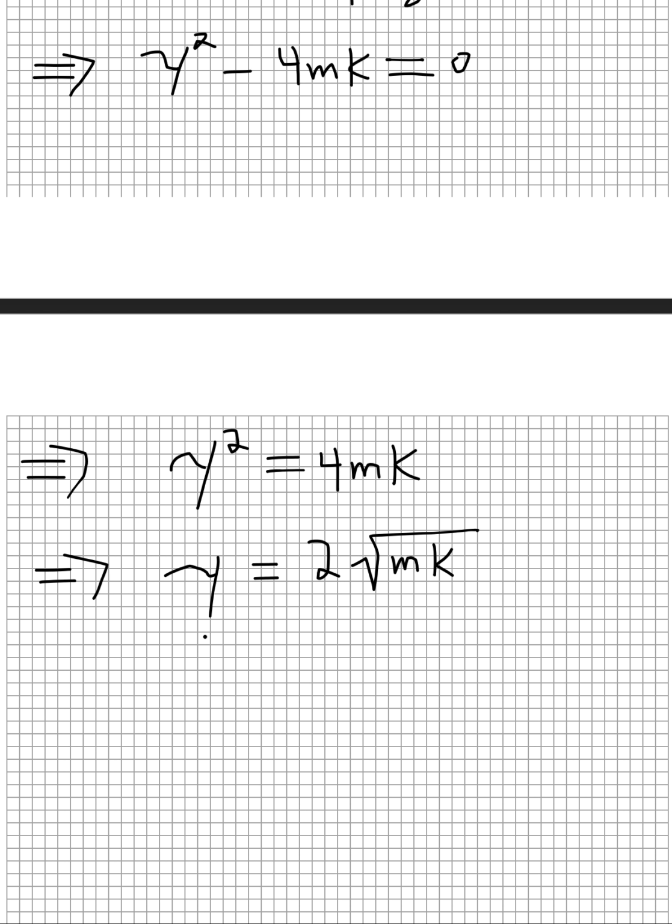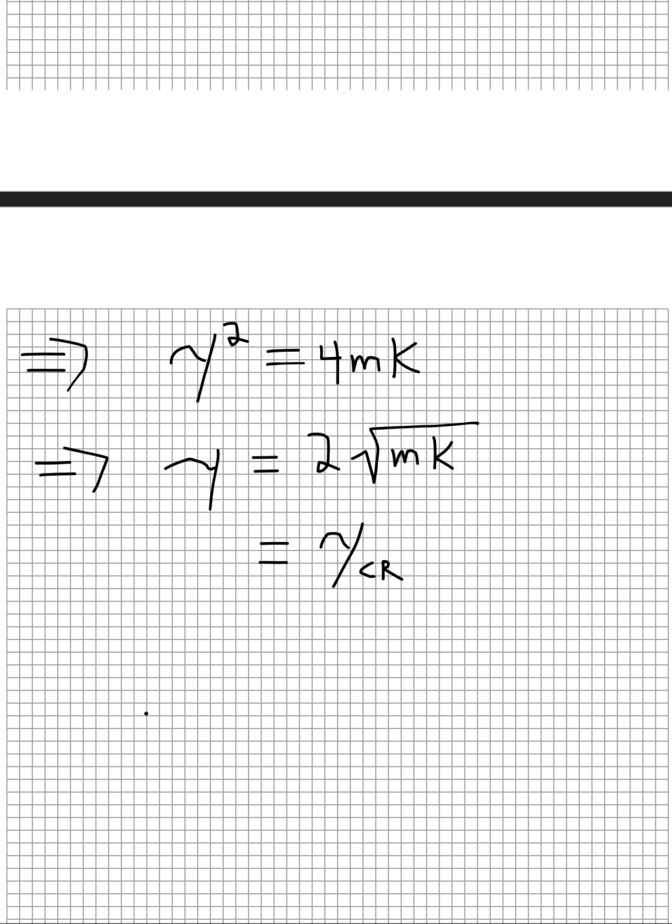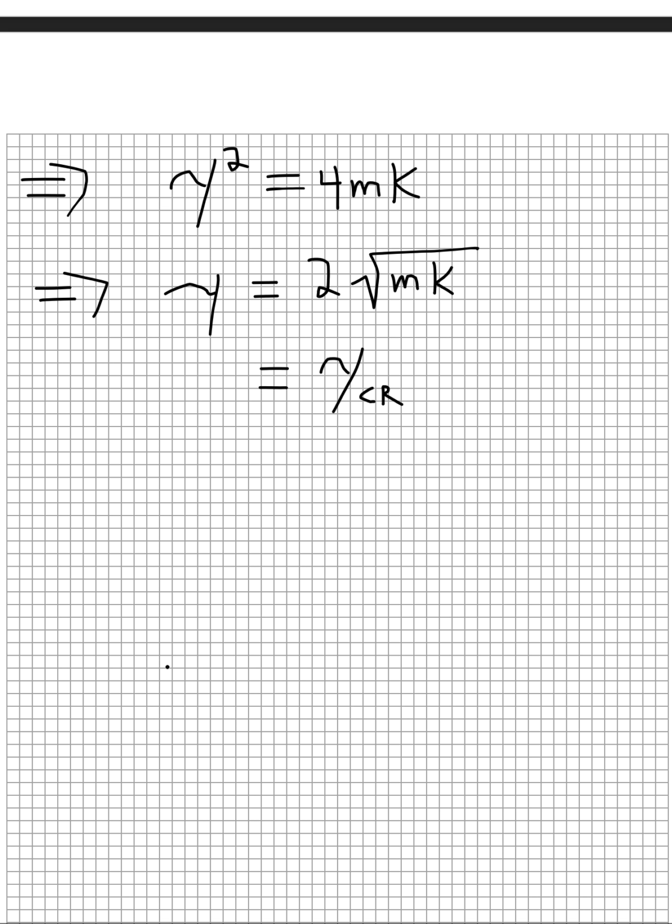Okay? And what this is equal to is given the name gamma CR. Okay? And what this is referring to is the damping coefficient that gives what is also known as the critical damping coefficient. Okay? And so that's what CR here is referring to, the critical damping coefficient. All right, so that's it for case 1.